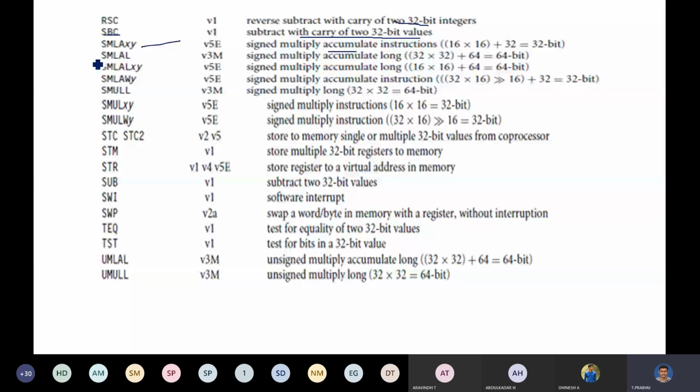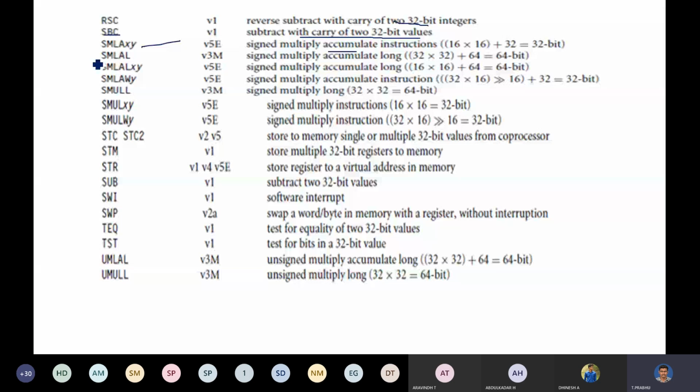The STC is store to a single memory, single or multiple 32-bit values, and STM is storing multiple 32-bit registers to memory. So here the STR is store the register to a virtual address in memory. SUB is subtracting up to 32 bit. SWI is software interrupt.